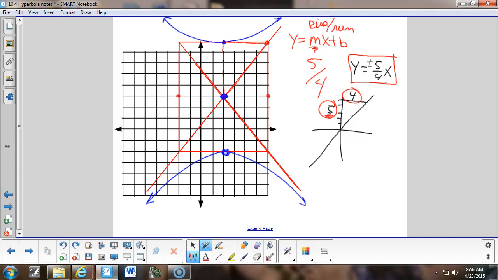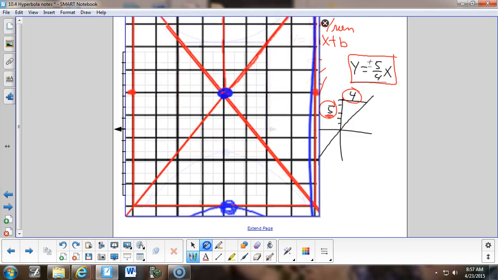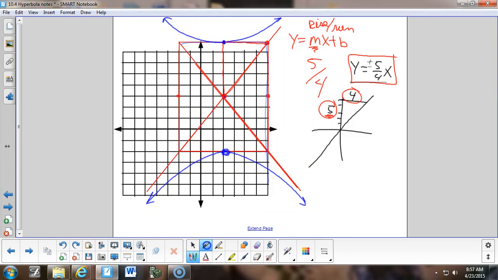I found this line when I drew this rectangle. When I drew that rectangle, I went up 5 and I went over 4. To get the sides of the rectangle, I did the stretching, right?